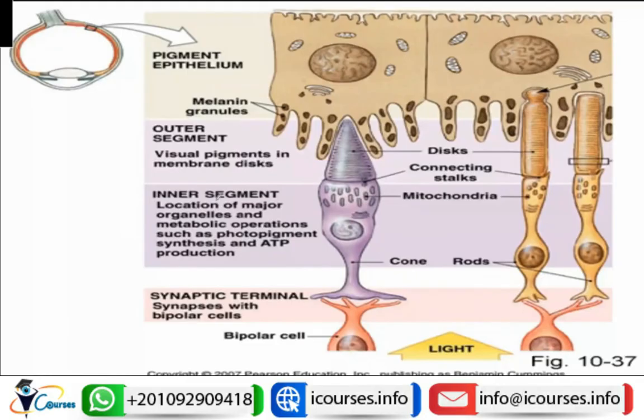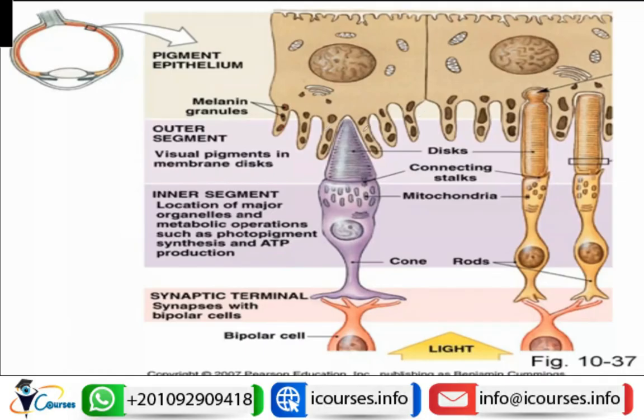So to see a better picture of the junction between the outer segment of the photoreceptor and the retinal pigment epithelium, you can see that there are microvilli of the retinal pigment epithelium that contain melanin granules, and the outer segment of the photoreceptor is interdigitated with these microvilli.